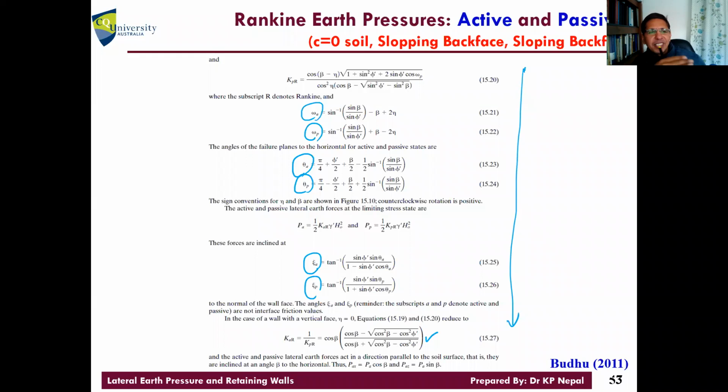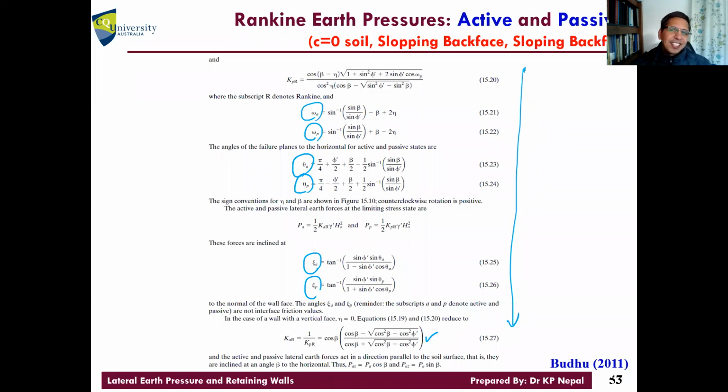I think it went a little bit above your undergraduate level now. In undergraduate, it's a vertical wall, frictionless wall, just the horizontal pressure, a little bit of surcharge. I think that's it, right? But now we are getting a little bit more cases. The concept is exactly the same. There is no difference in concept. The only thing is we need to plug in those numbers in different equations to get the value.